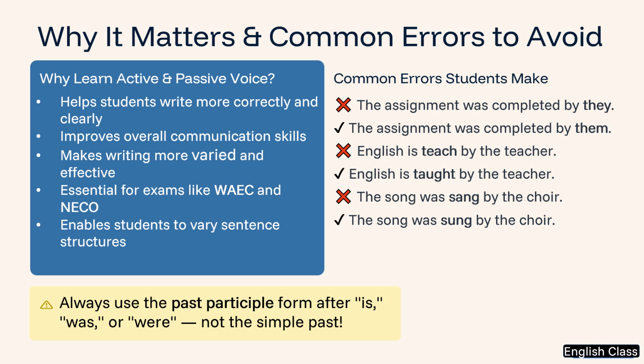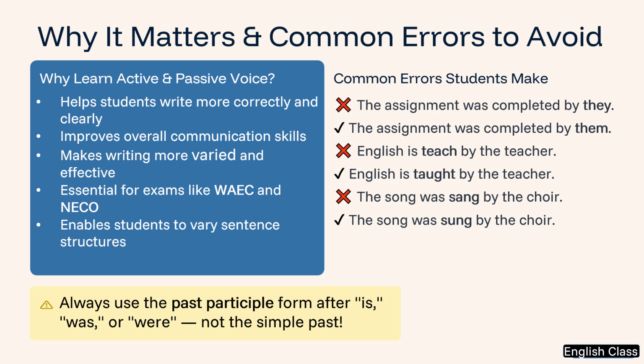Now, English is teach by the teacher. No, just because the teacher teaches English, that's the active voice, does not mean that you have to write English is teach by the teacher. No. What you're going to write? English is taught by the teacher, because the verb must be in the past participle form. Good. The song was sang by the choir. No, that's wrong. The choir sang the song. That's how it's supposed to sound in the active voice.